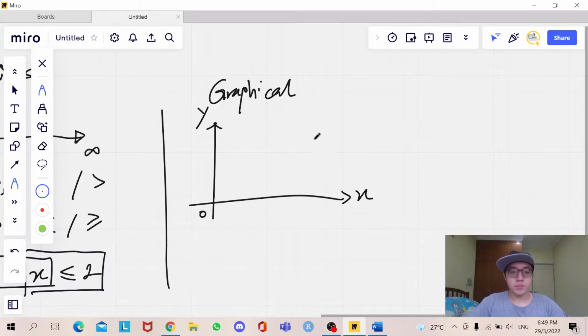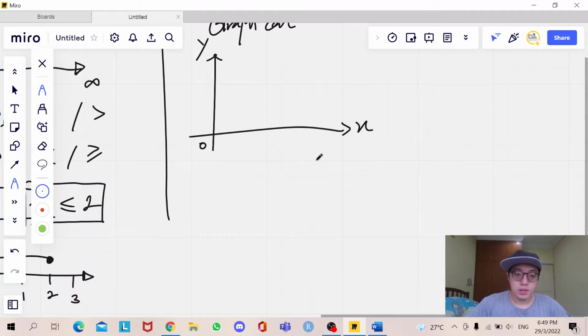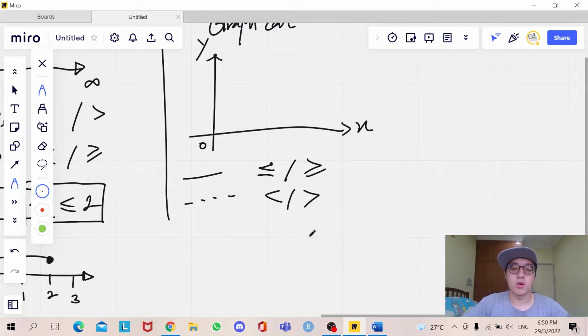So you need to know the difference between a solid line and a dotted line. If you have a solid straight line, this represents lesser equal or more equal. Then if it's dotted, then it's lesser or more without the equal sign.